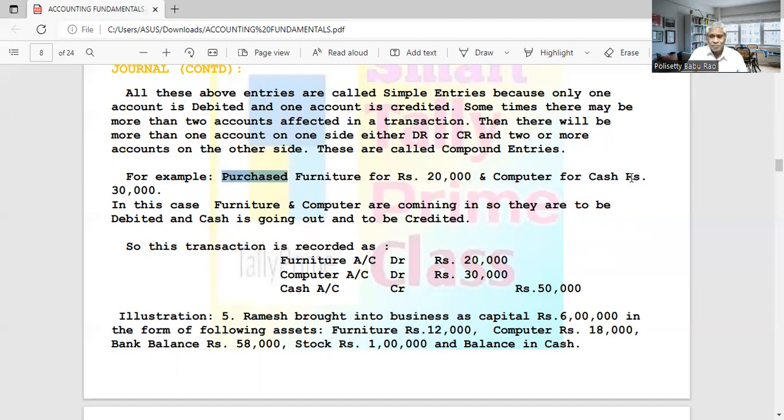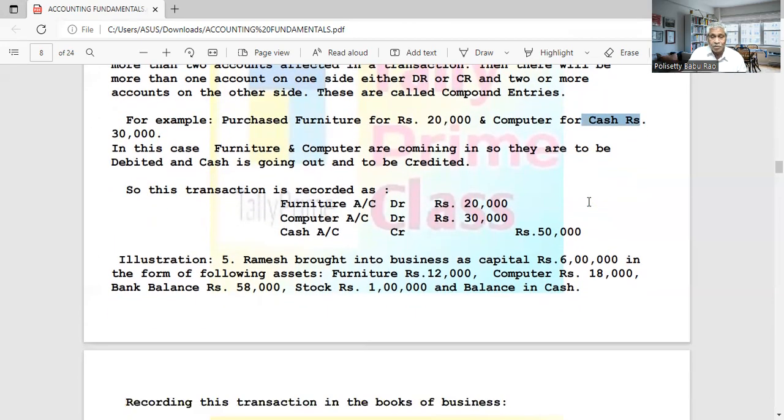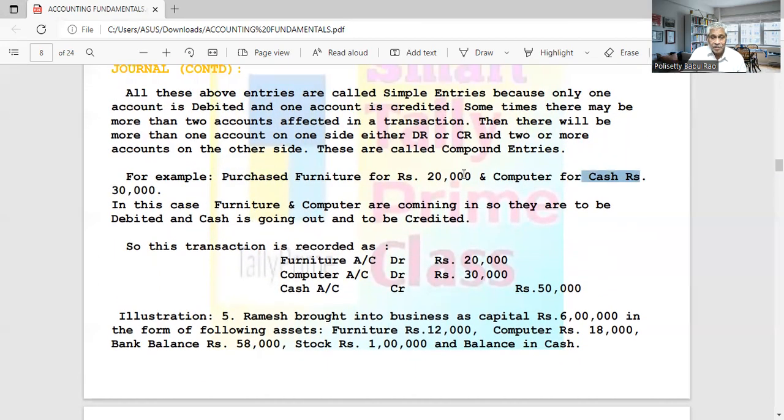So in this case, furniture and computer are coming in, and we are paying cash, which means cash is going out. What is the real account rule? Debit what comes in.